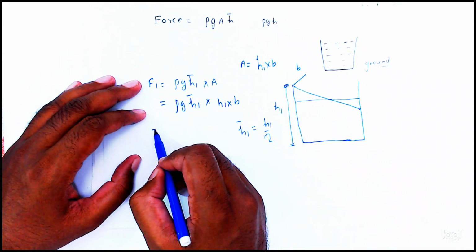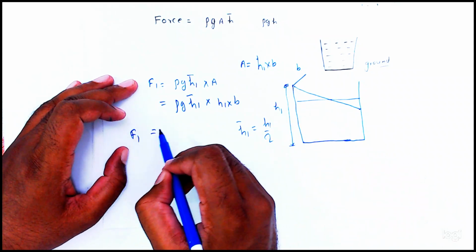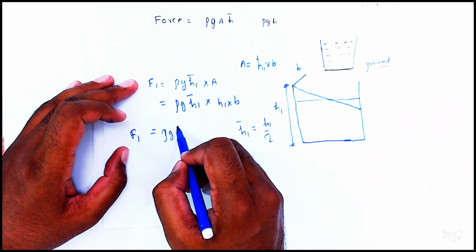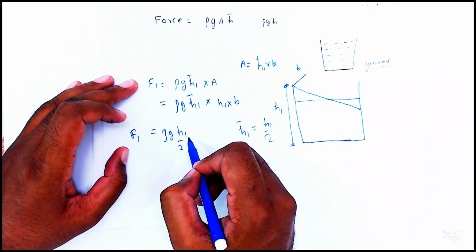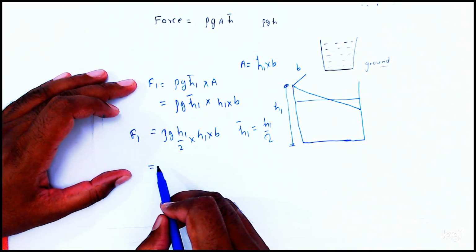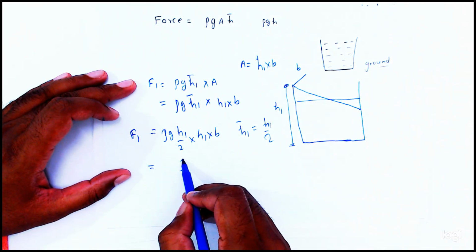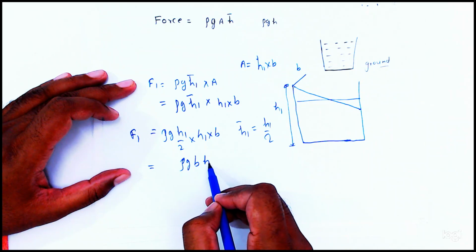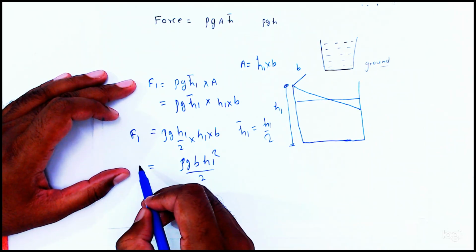So from here the force F1 is equal to rho G H1 by 2 into H1 into B. So the same thing will come: rho G B H1 square by 2 is F1.